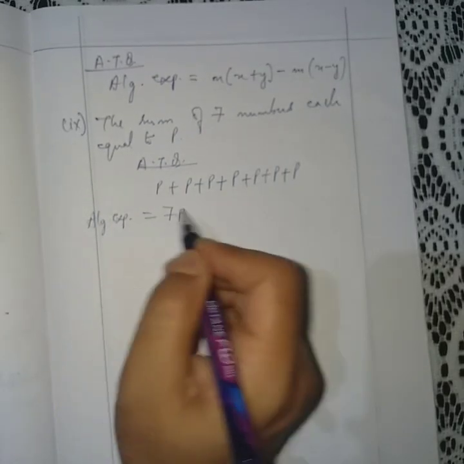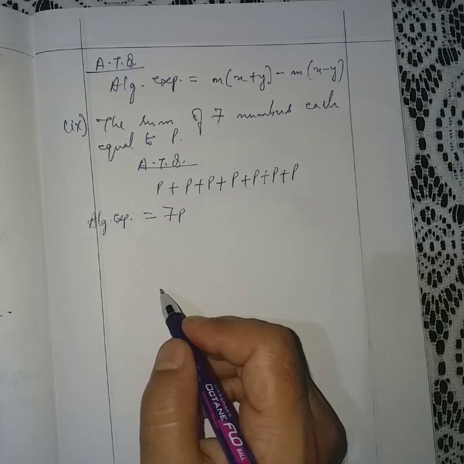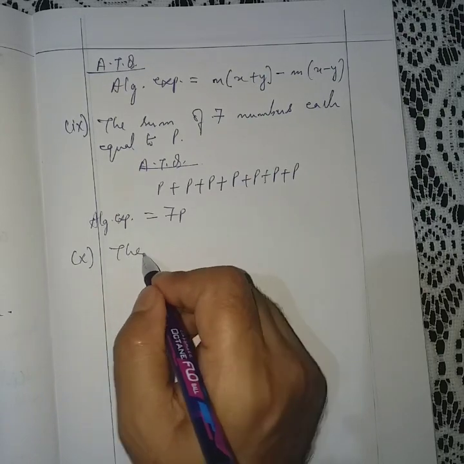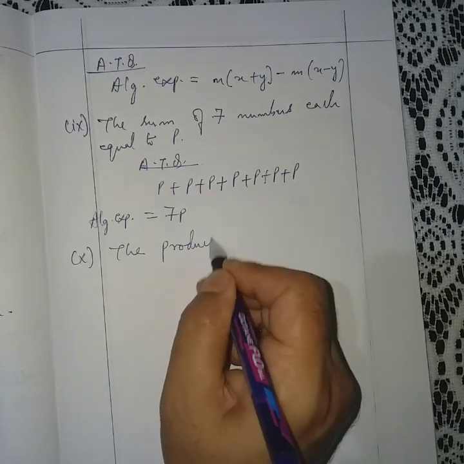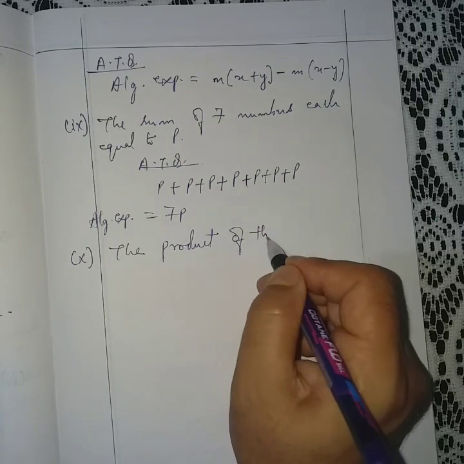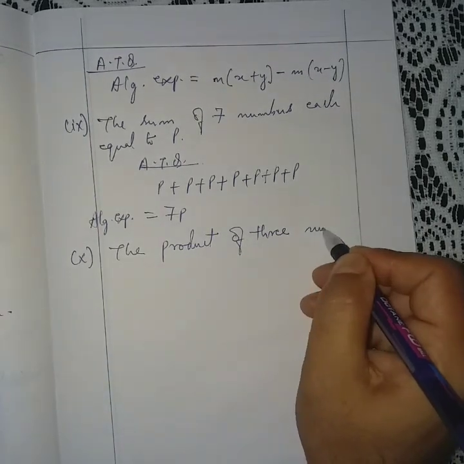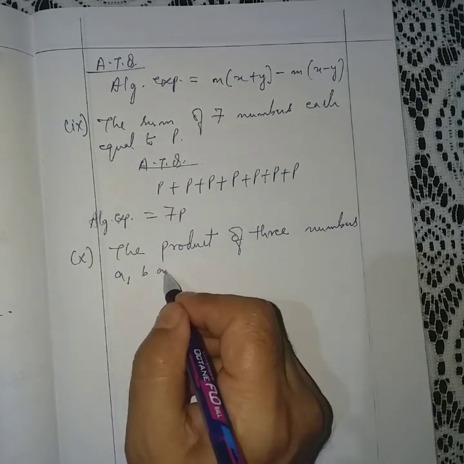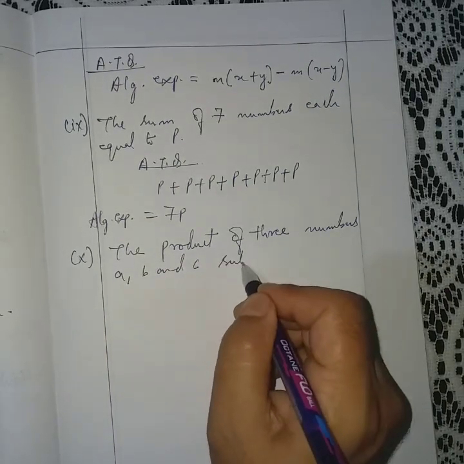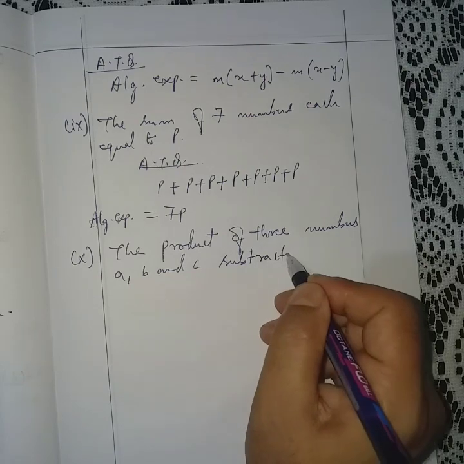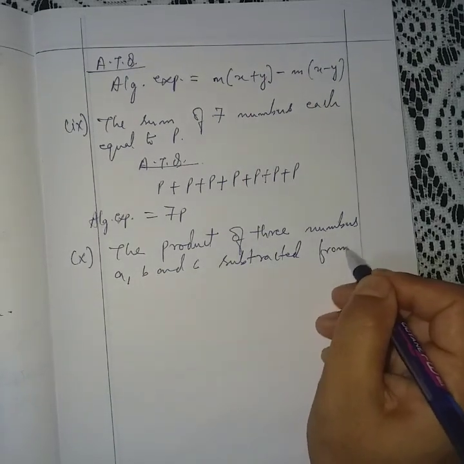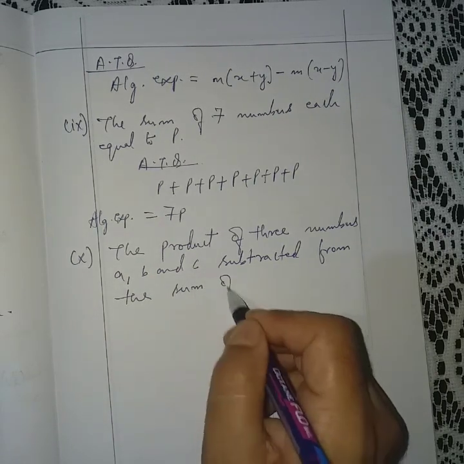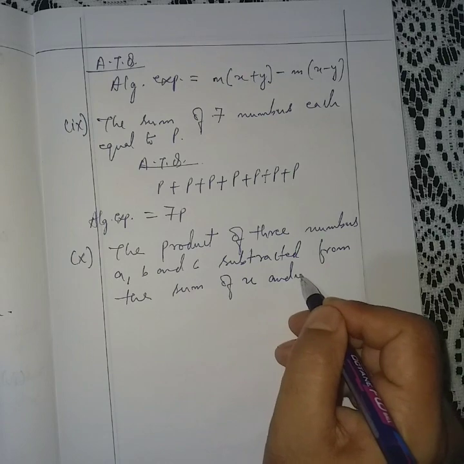Now question number 10. The product of 3 numbers a, b and c subtracted from the sum of x and y.